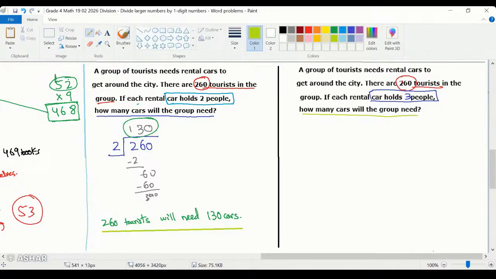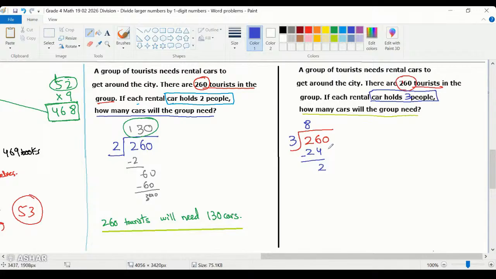But how many cars? Let's see. See, 260 tourists is to be divided by 3 because each car can hold 3 people. 2 cannot be divided by 3, right? Let's look at 26. 3 times 8 is 24.